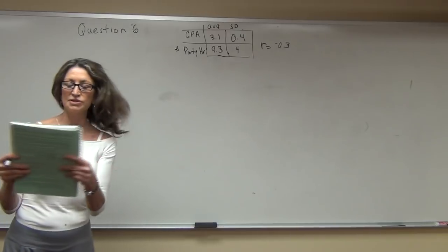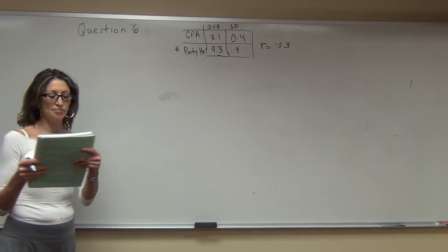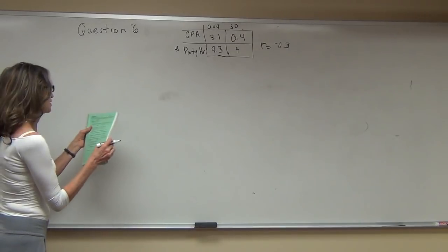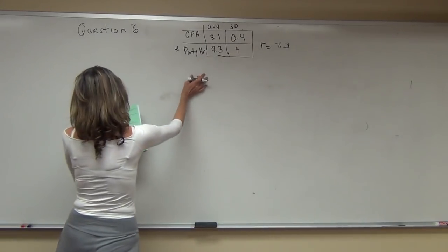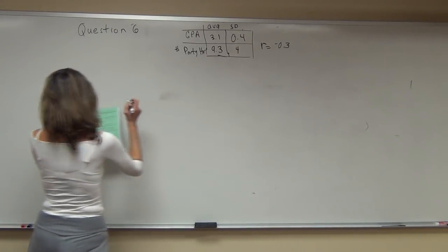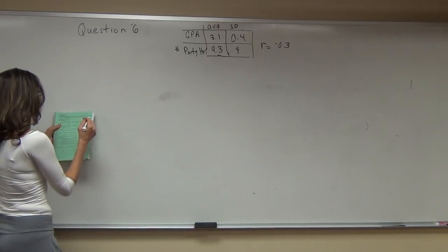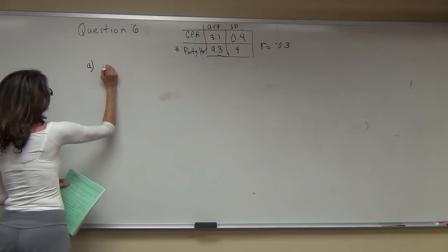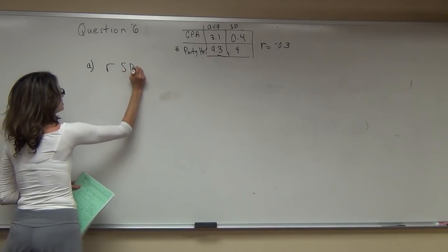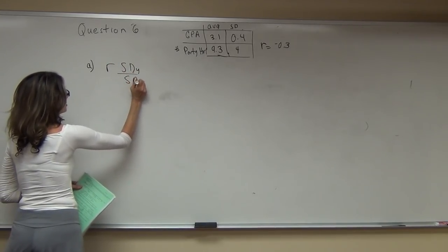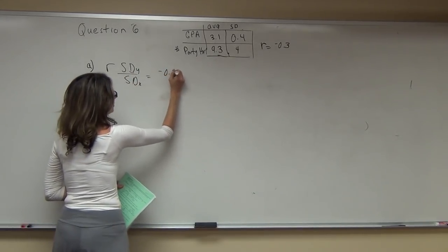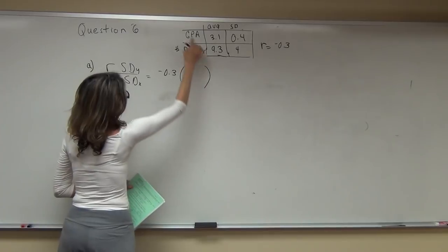Okay, so this is question 6, and the first question asks our best estimate of the slope using these 5 summary statistics. All right, and so A, you just need to know this formula. The slope is r times SDY over SDX, right? And that's just straightforward. It's negative 0.3 times the ratio. Now, which is y, which is x?